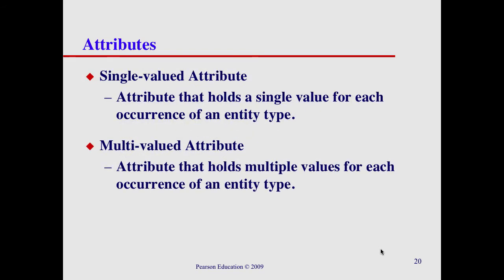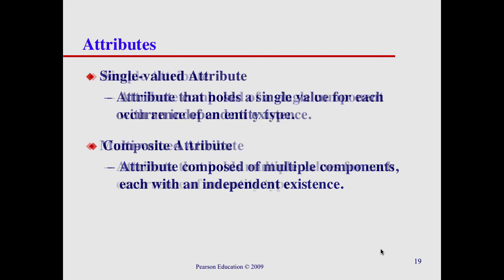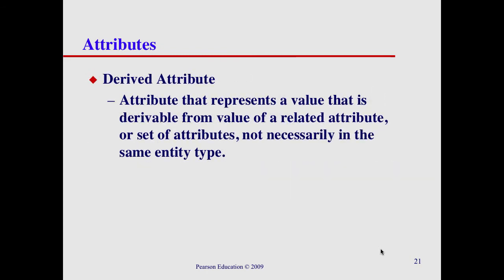And okay, so we've had two types of attributes so far. We have whether they're simple or composite, single valued or multi-valued, and the third characteristic, are they derived or not derived? So derived means that it's derivable from the value of a related attribute or set of attributes. And they don't even have to be in the same entity type.